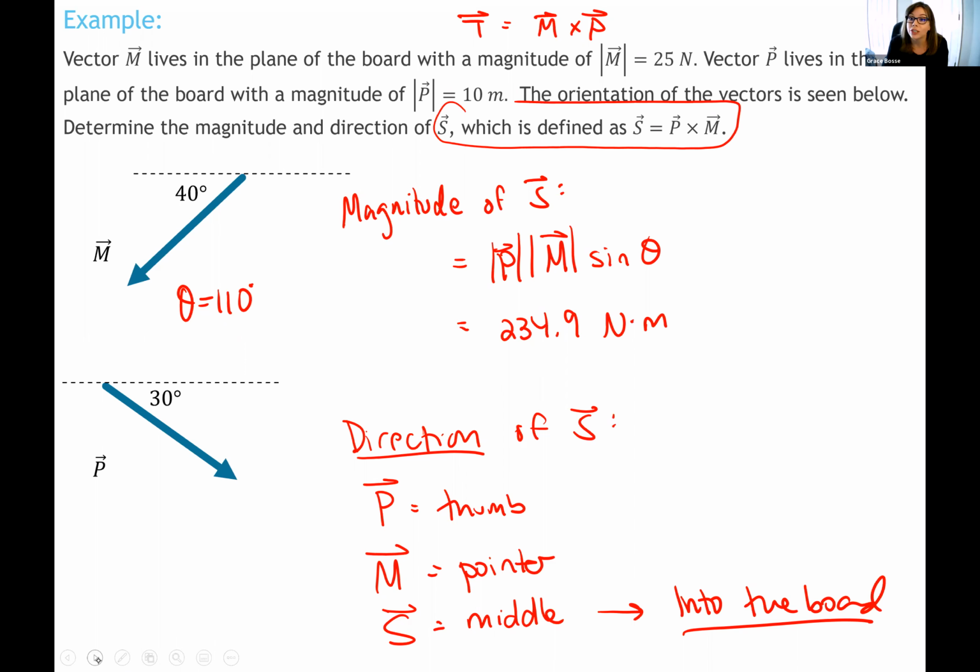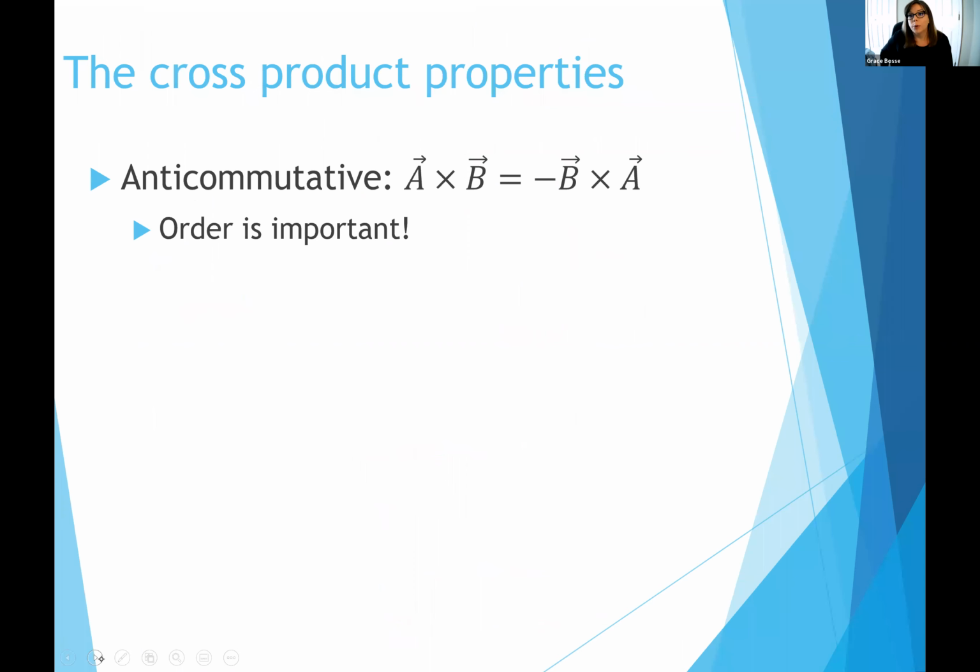So notice what changed. We inverted the order of M and P between these two. We inverted the order of the vectors in the cross product. And notice that the magnitude of the result didn't change, but the direction changed. So what I want you to notice here is a couple of properties of the cross product that are very important for you to remember. The cross product is anti-commutative.